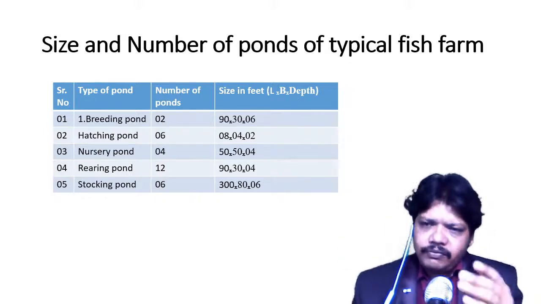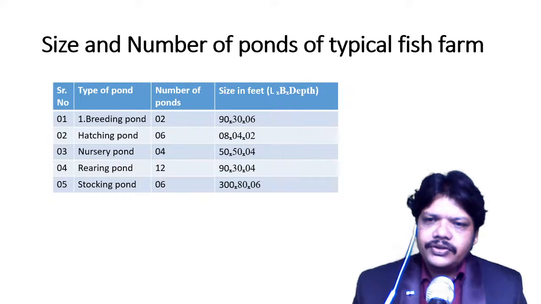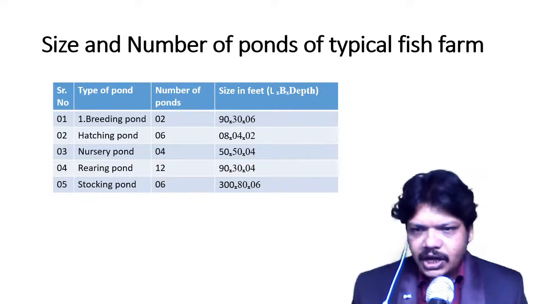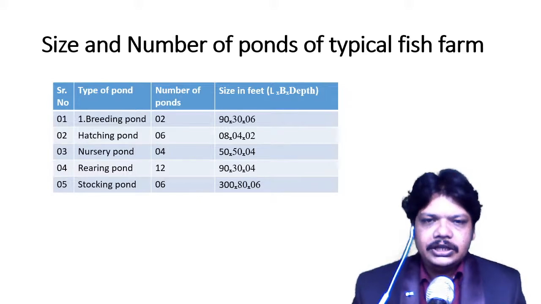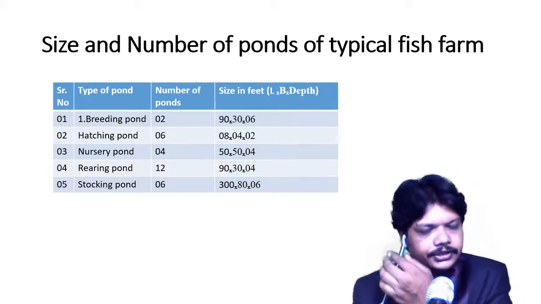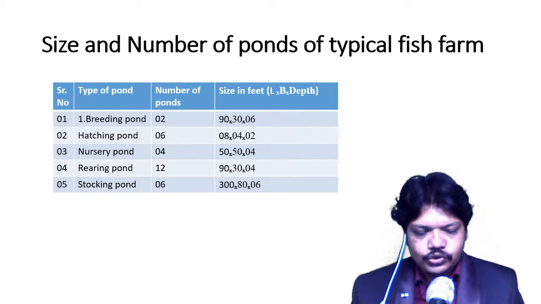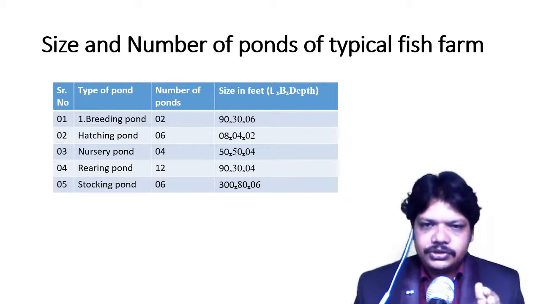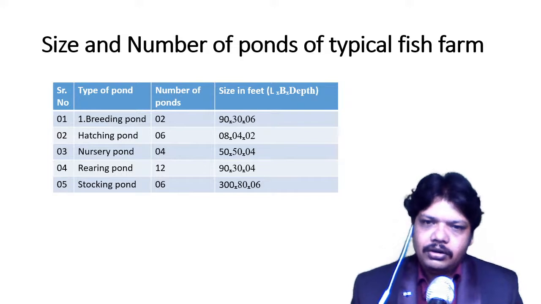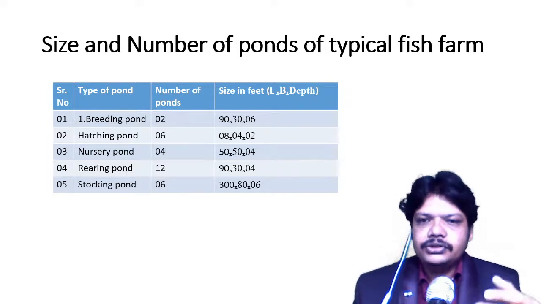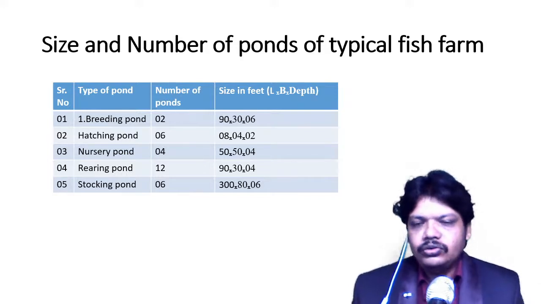Again, we are coming to the point of breeding ponds. There will be 2 breeding ponds, in which we can easily keep the fishes. For example, just imagine we constructed the fish pond and some people demand a certain amount of seed.